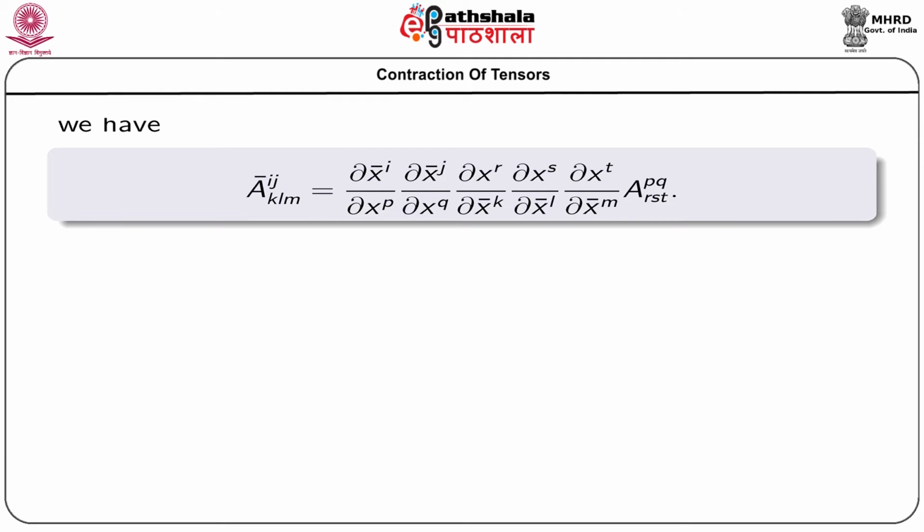These are for the contravariant part, and ∂x^r/∂x-bar^k, ∂x^s/∂x-bar^l, ∂x^t/∂x-bar^m are for the covariant part, with A^{pq}_{rst}. This is the transformation rule for a mixed tensor of type (2,3). Now we make the contraction.